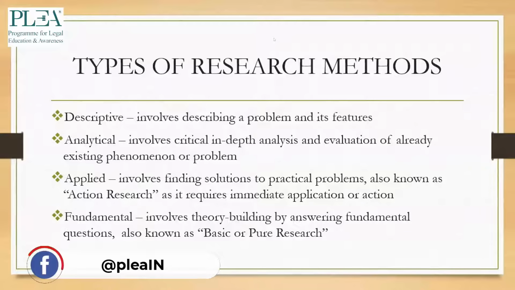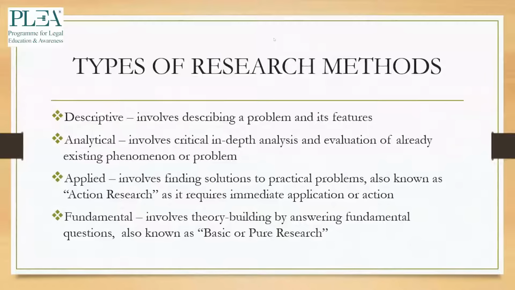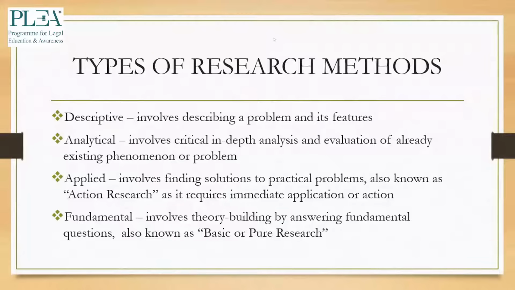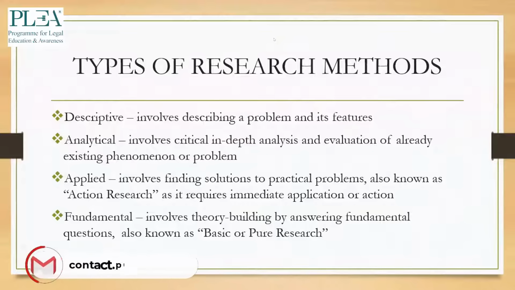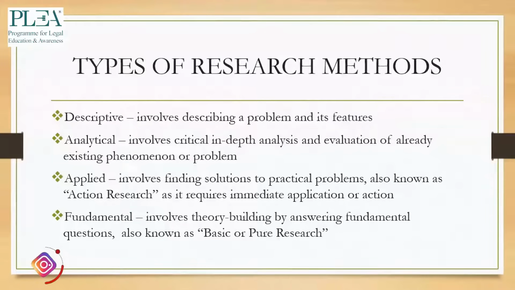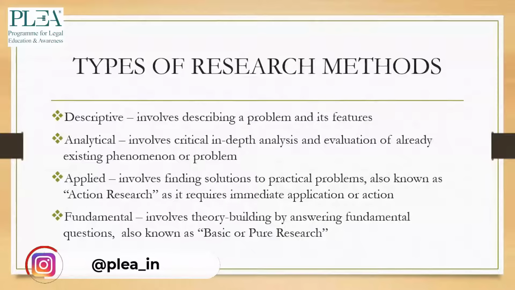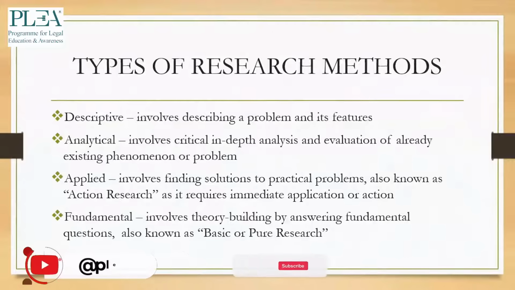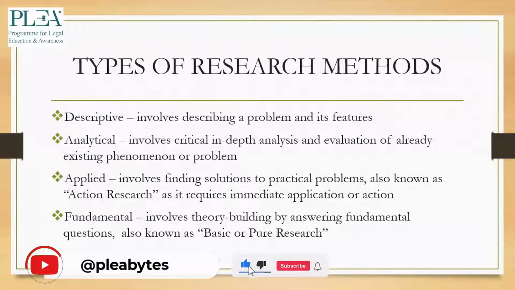Fundamental research. The next type involves theory building by answering fundamental questions, also known as basic or pure research. This helps building a particular theory. Now that we live in a world of theories, we have so many legal theories which are already there for us. So this kind of research is to develop a proper theory.